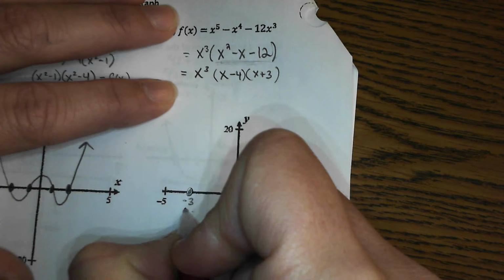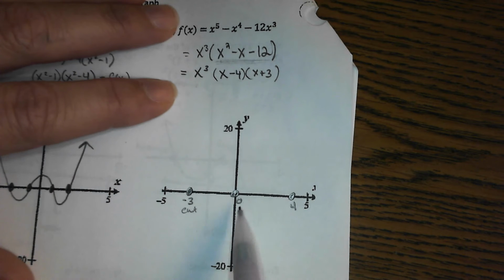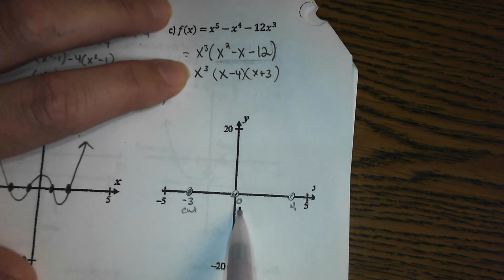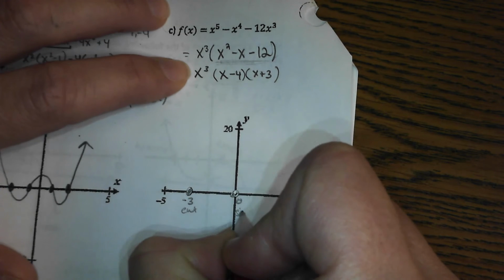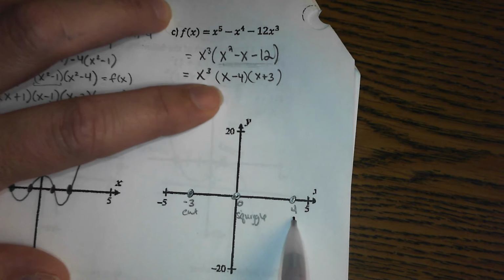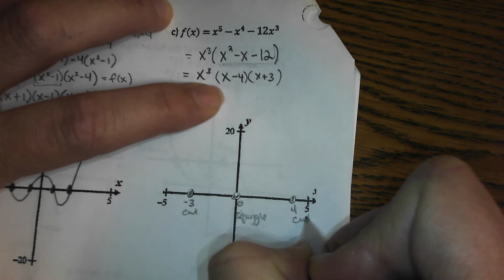Single, so it's just going to cut straight through. 0, is that a single, double, or triple? Triple, because it's x cubed. Are we all with her there? Good job. So that's a squiggle. And the 4 was a single. So it's going to cut straight through.